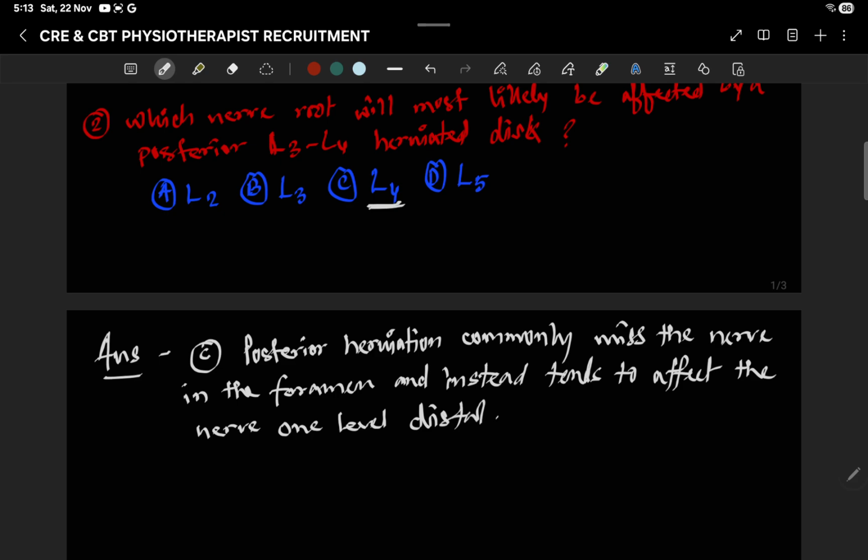See, the posterior herniation commonly misses the nerve in the foramen, and instead tends to affect the nerve which is one level distal. In the case of L3, L4, the distal nerve is the L4 root. So here it will tend to affect the L4 nerve.